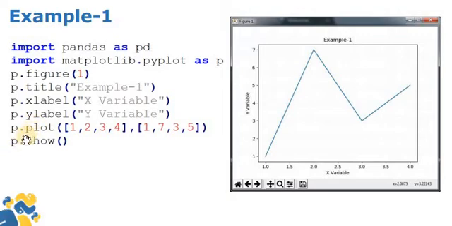Now, plotting: what things do we want to plot? So here, first of all, 1, 2, 3, 4 is for the x variable values, and 1, 7, 3 and 5 is for the y variables. The most important thing is that both have the same number of values.